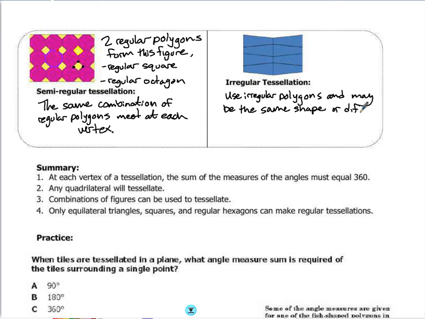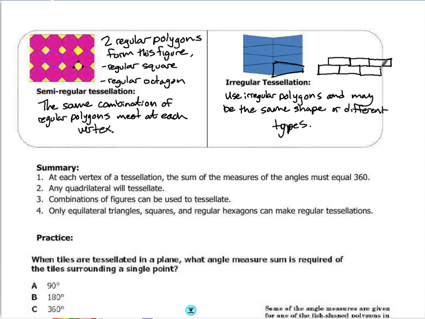So for example here, different types. This is technically a rhombus. This can also be worked with rectangles. If you look at the wall in your classroom, we have a figure that tessellates irregularly with the idea of that brick and mortar setup.